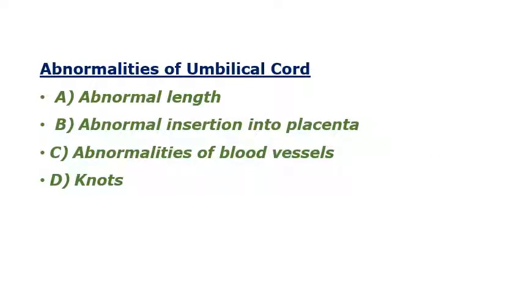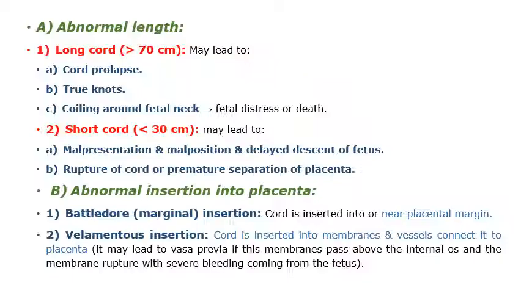And this is a common question: abnormalities of the cord. Abnormalities in length or insertion of the cord, abnormalities in blood vessels, and knots. Abnormality in length: a long cord, more than 70 centimeters, may lead to cord prolapse, true knots, or coiling of the cord around the fetal neck, leading to fetal distress and death.